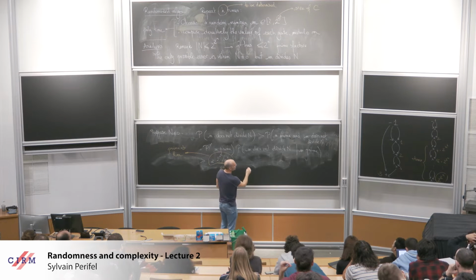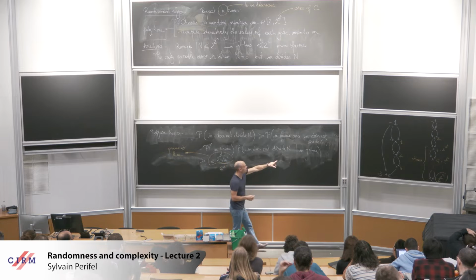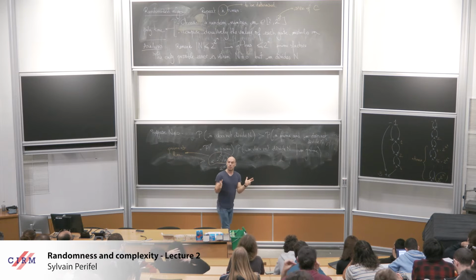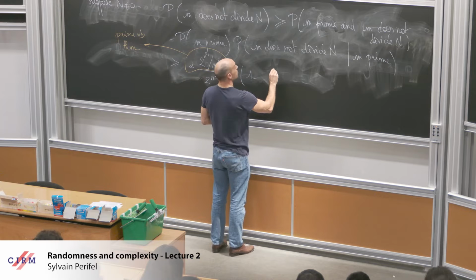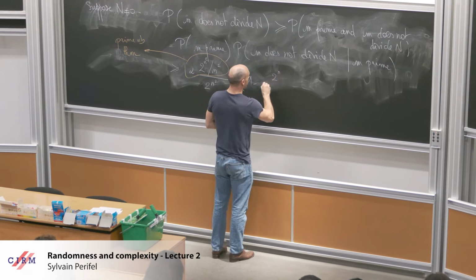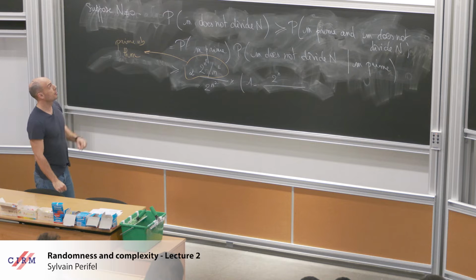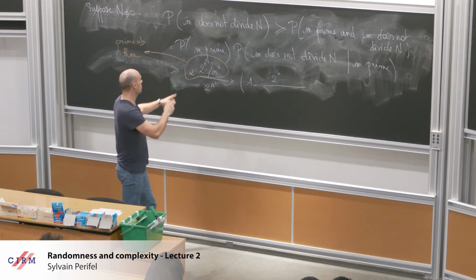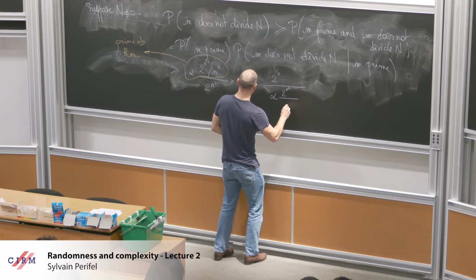It is just that you pick, here you are sure that m is prime, and you want to avoid the prime divisors. Okay, so it is 1 minus the number of prime divisors, which is at most 2 to the n, divided by the total number of prime numbers in the interval, which is alpha times 2 to the n squared divided by n squared.